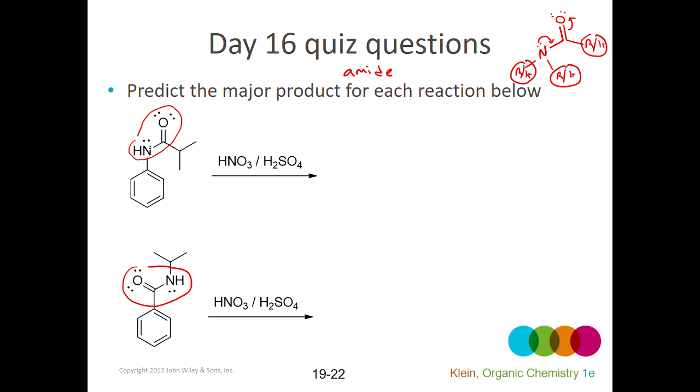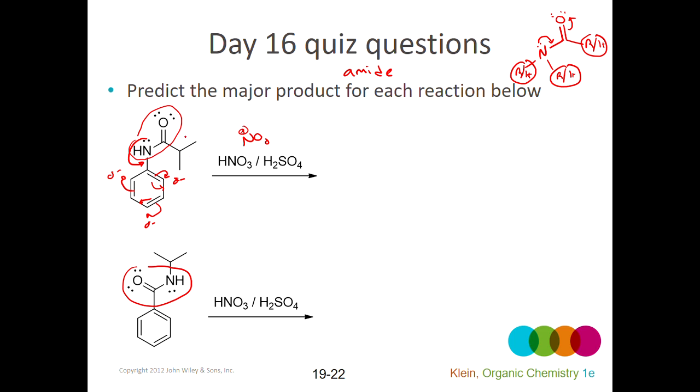If the nitrogen is directly connected to the ring, because it has a lone pair, even though it's slightly engaged in resonance here, the lone pair could still shift in and push electrons to the ortho and para positions, making those positions more likely, because they'd be slightly negative, to pick up an electrophile like an NO2 positive that would be created when nitric and sulfuric acids react with one another.